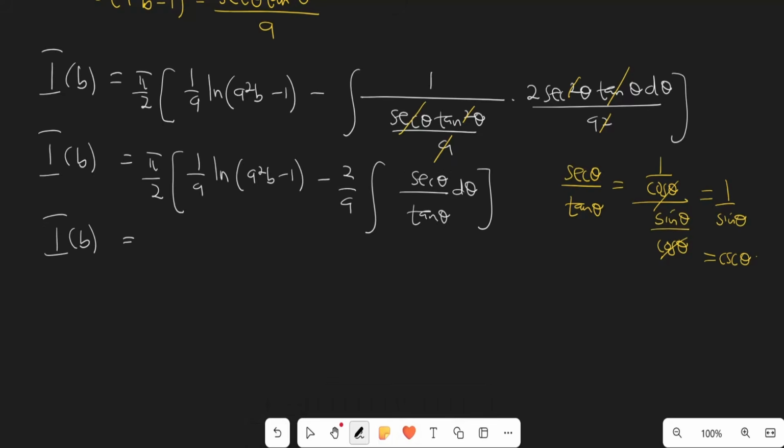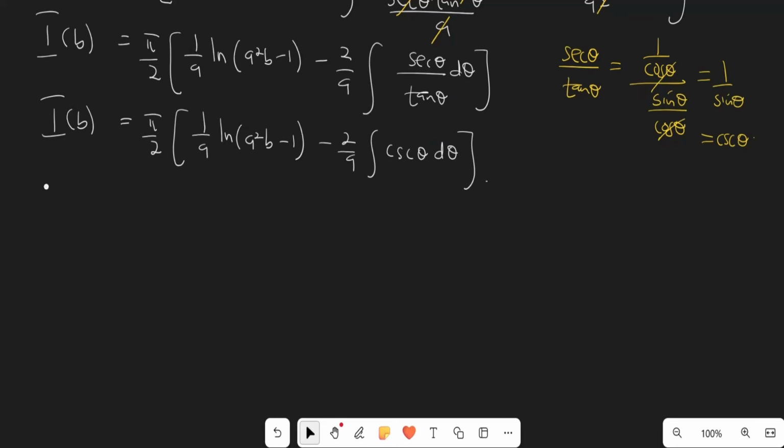I of b is equal to pi over 2. This is 1 over a, the ln of a squared b minus 1 minus 2 over a, then the integral of the cosecant of theta, d theta. How do you integrate the cosecant of theta?